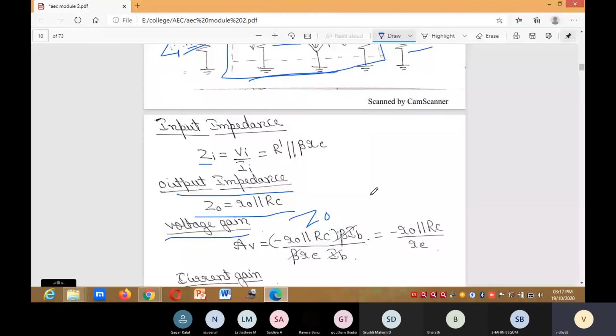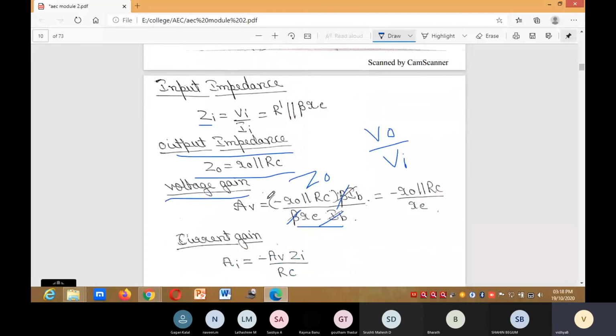The voltage gain formula is V0 divided by Vi. Vi is beta RE into IB. V0 you get Z0 into beta IB. So beta IB gets cancelled here, and you are left with minus R naught parallel RC divided by RE. This is the voltage gain.